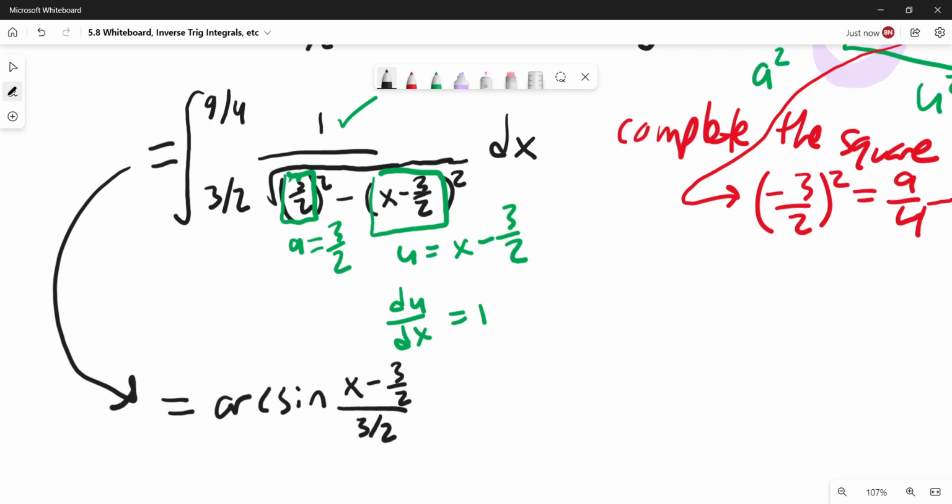Now we normally do a plus c, but we don't have a plus c here. We have our bounds to plug in, 3 halves up to 9 fourths. Okay, it's kind of nasty. No, okay, it ends up being not so bad.